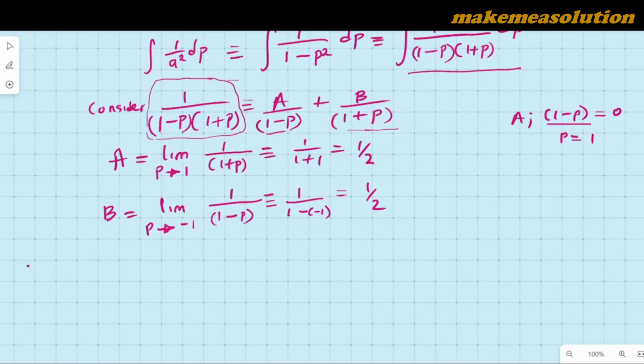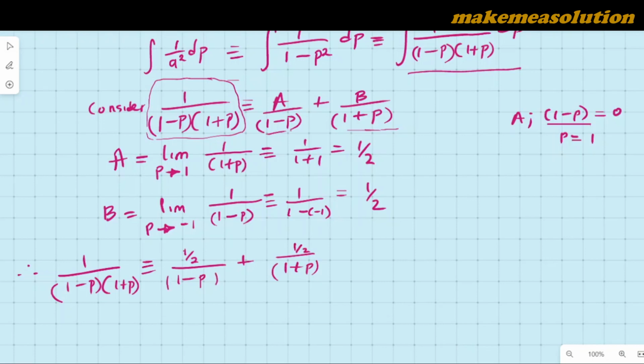So our partial fraction, 1 over 1 minus p and 1 plus p, is still the same thing as 1 over 2 into 1 minus p plus 1 over 2 into 1 plus p, and this is still the same thing as 1 over 2 into 1 over 1 minus p plus 1 over 1 plus p, like this.